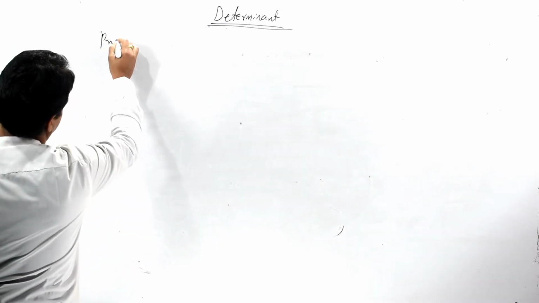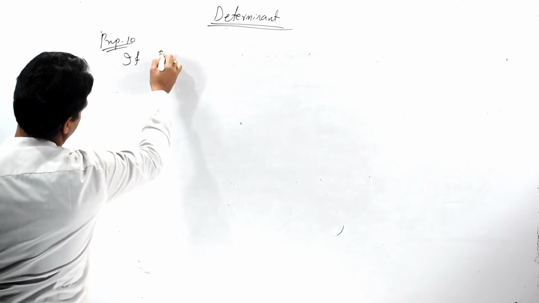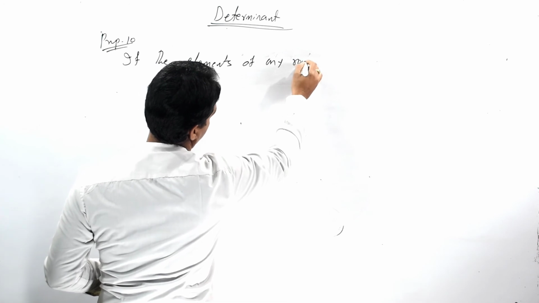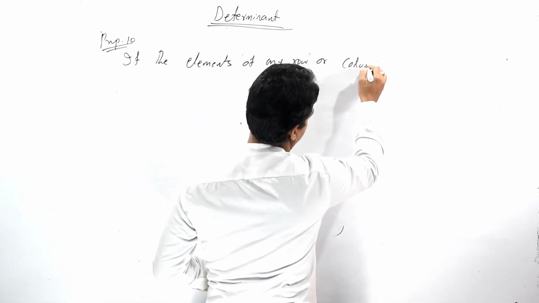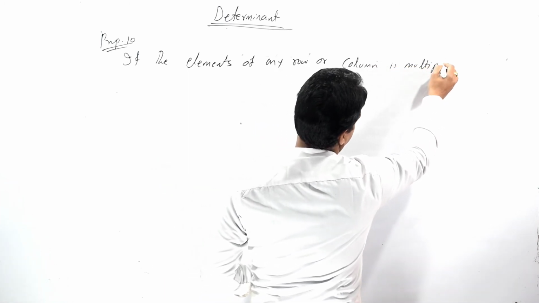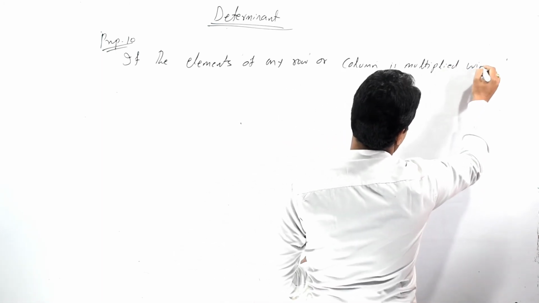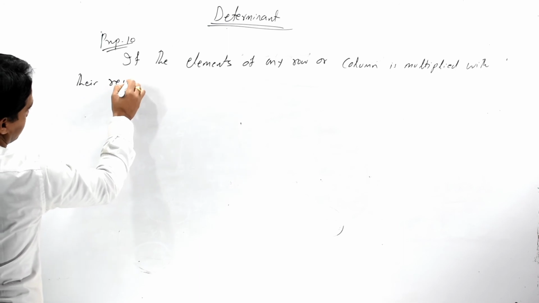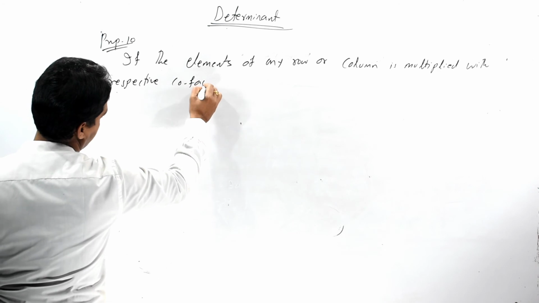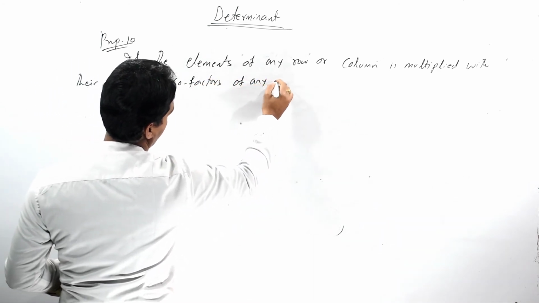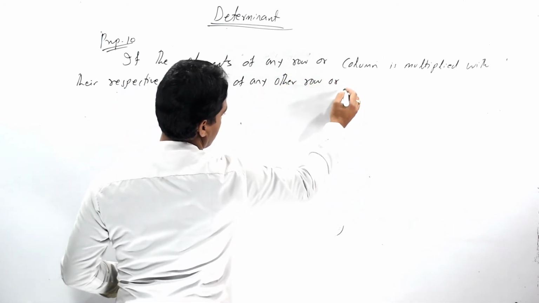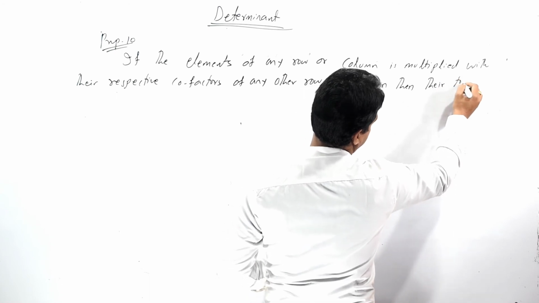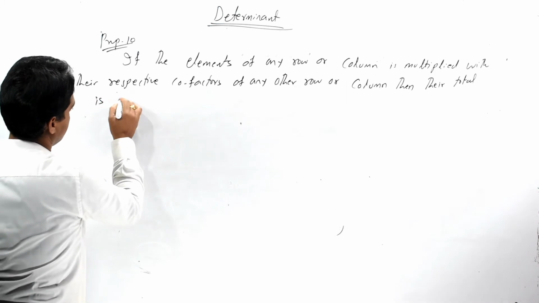So now come to our 10th property, that is, if the elements of any row or column are multiplied with their respective cofactors of any other row or column, then their total is 0.